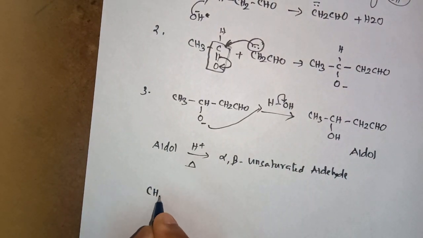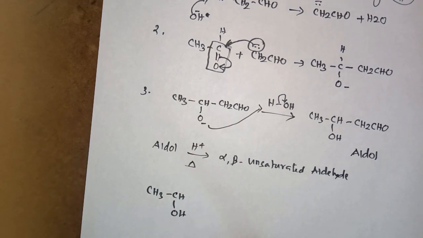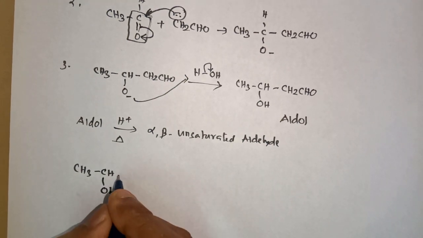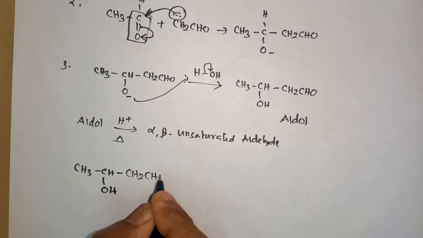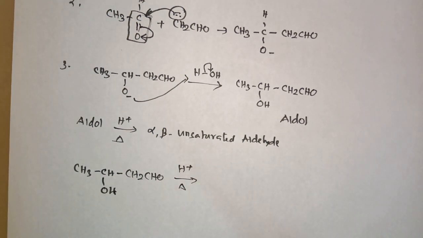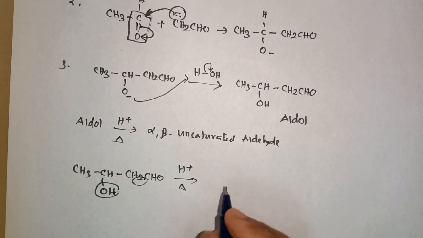Aldol is CH3, CH, OH, single bond CH2, CHO, and heated. In the presence of acid, when it is heated, what will happen here? The OH of this takes H of this and goes out in the form of water.